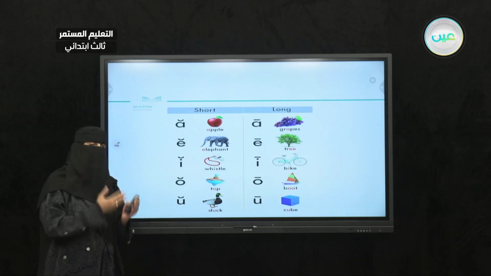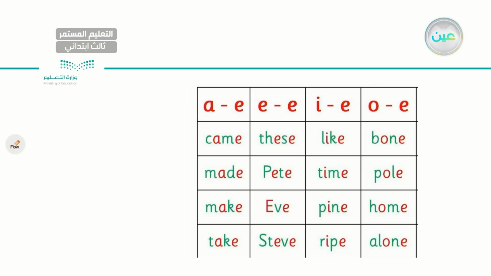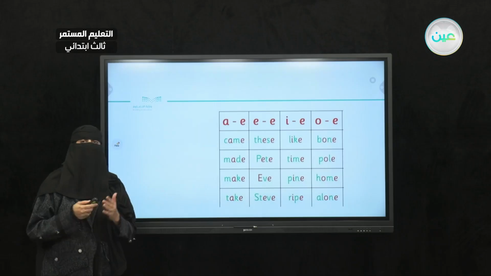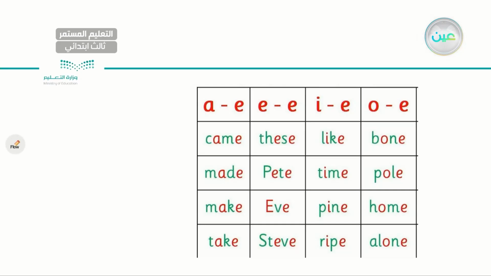Now we introduced the short vowels and the long vowels. Now, here, as you can see, I have combined vowels together. How do we pronounce these words? Let's start. As you can see from the first column, I have came, made, make, take.